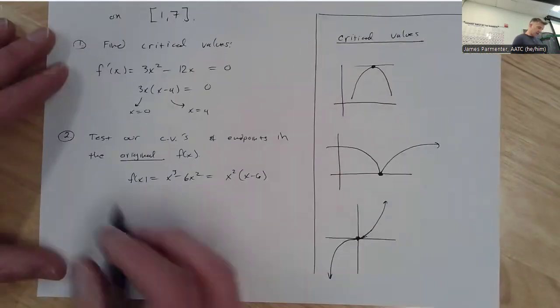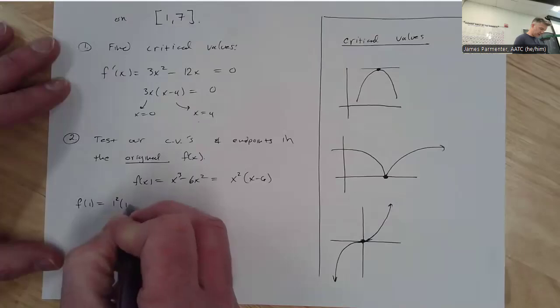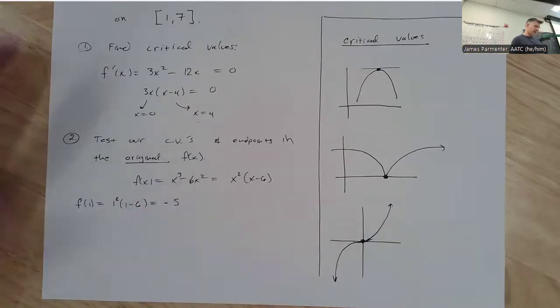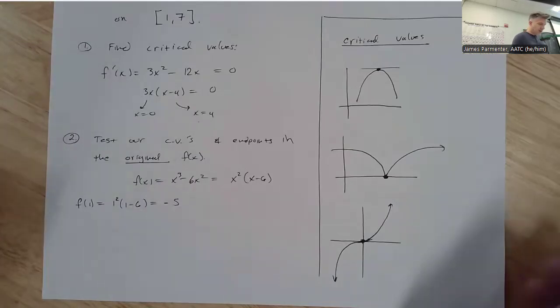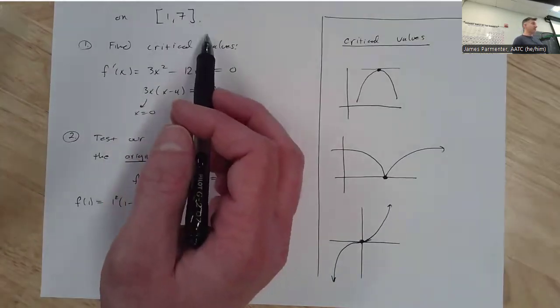All right, so let's see. f of 1 is 1 squared times 1 minus 6, which is going to be negative 5. Something I should point out, 0 is not in play here because 0 isn't in the interval I mentioned. From 1 to 7, 0 is no good.